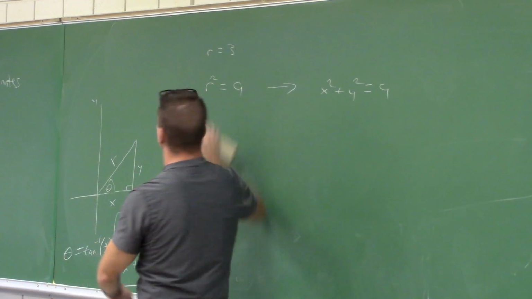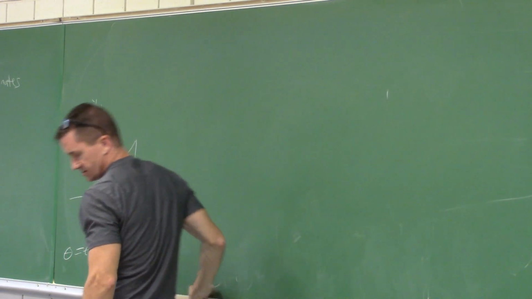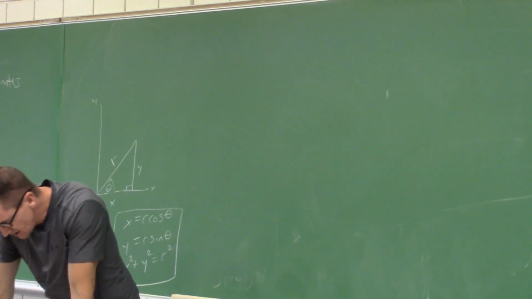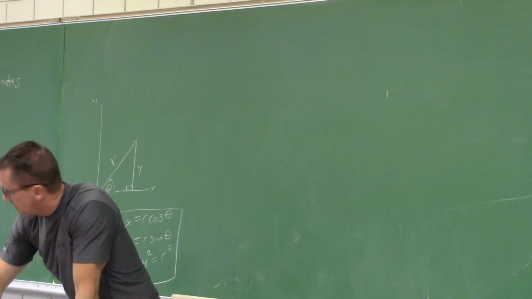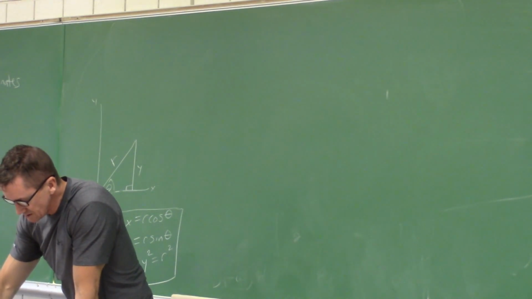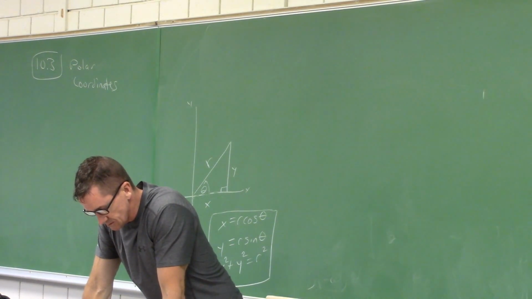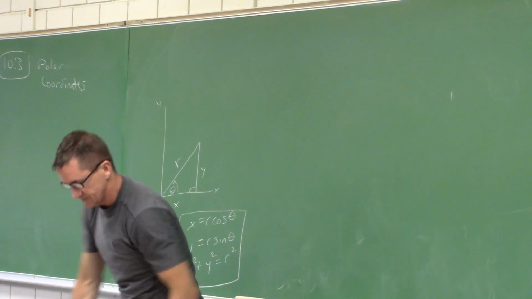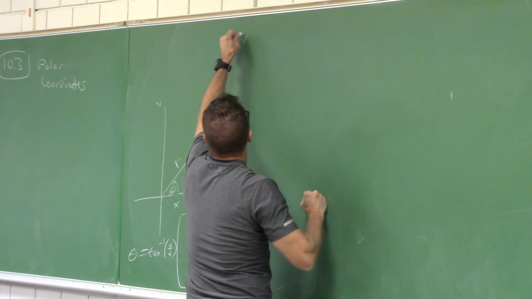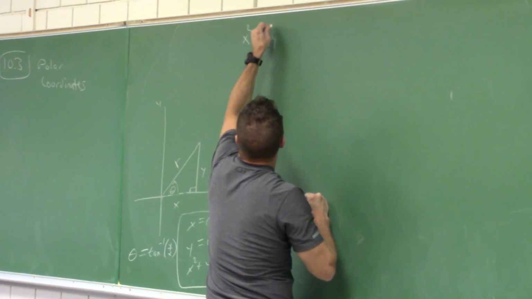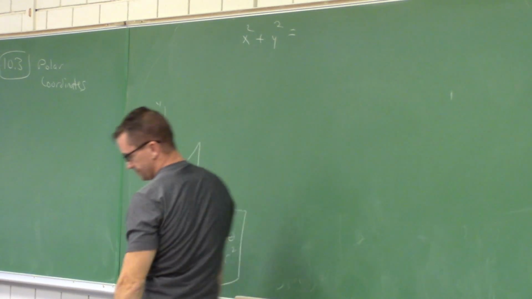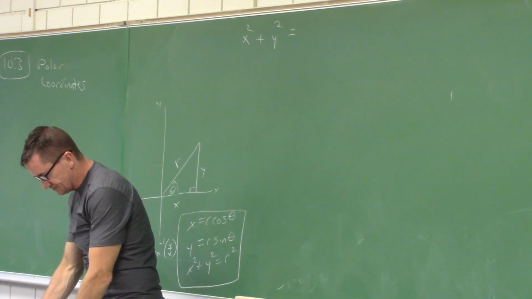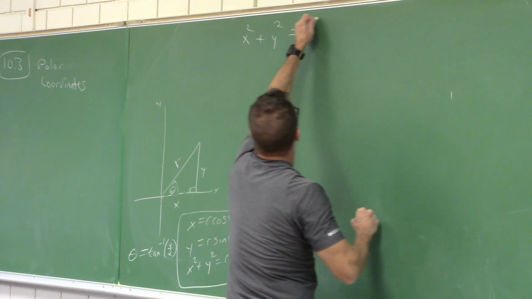Now, let me give you a tough one. You ready? This is in 10.3, polar coordinates. I know you'll get it. I need you to convert this, this is like number 25: x squared plus y squared equals 5x.